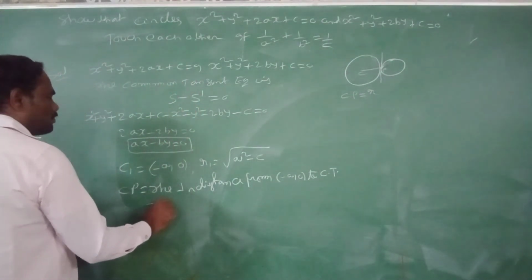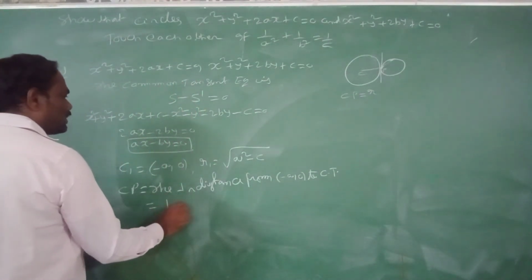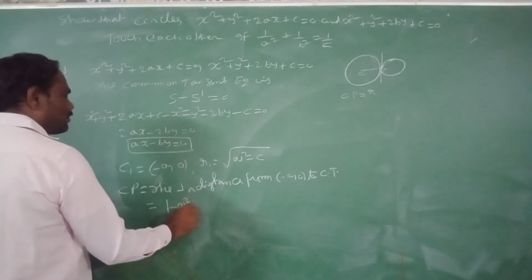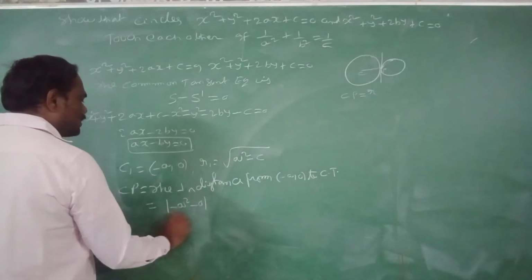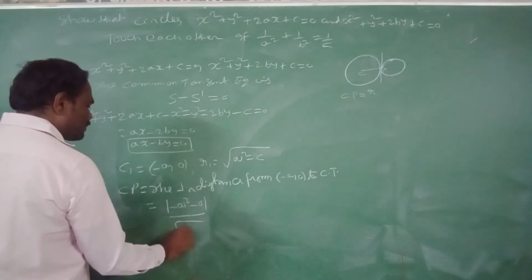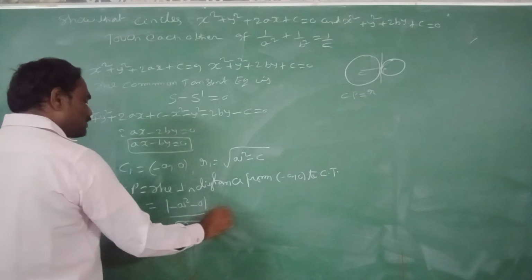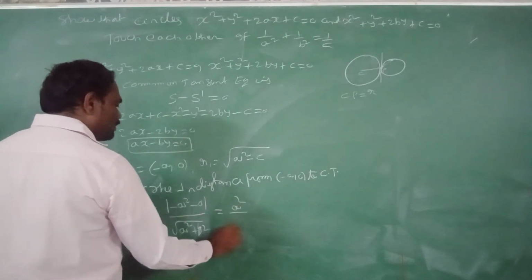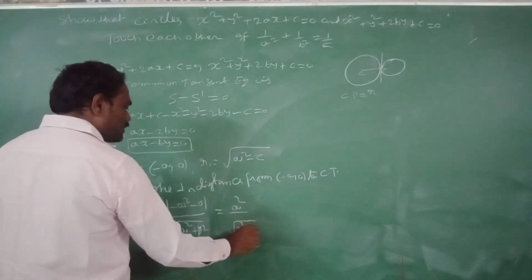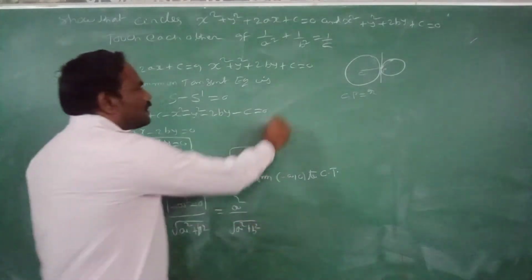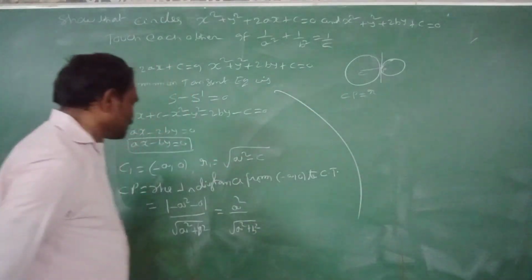That is equal to modulus of minus a square plus 0 by under root of a square plus b square, that is equal to a square by under root of a square plus b square. The common tangent condition is CP is equal to R.